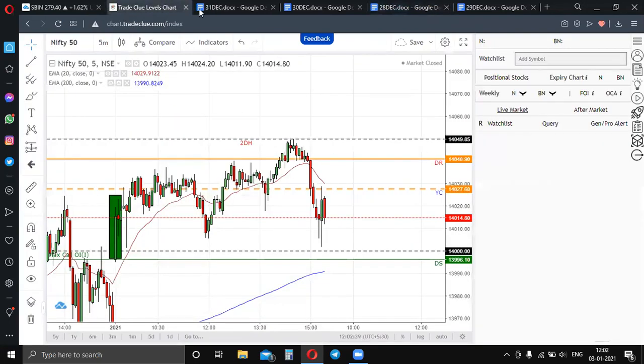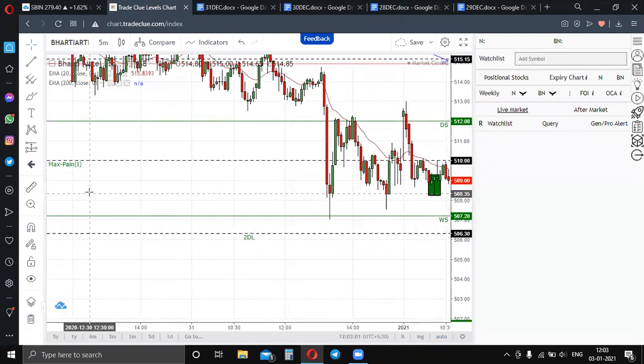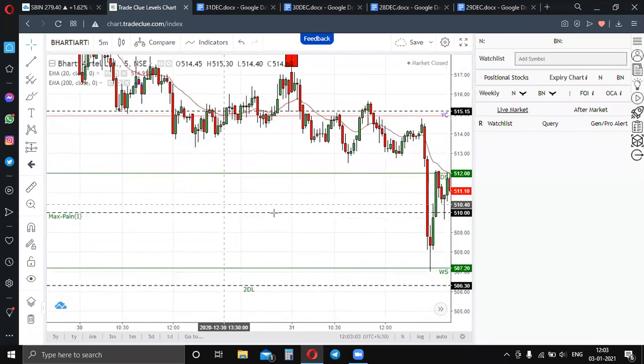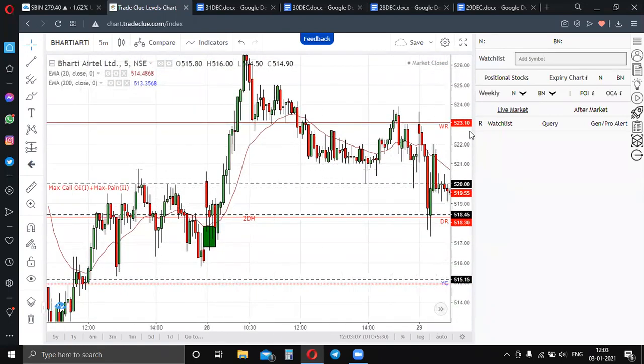Let's quickly check what happened in Bharti Airtel. So this was the trade.